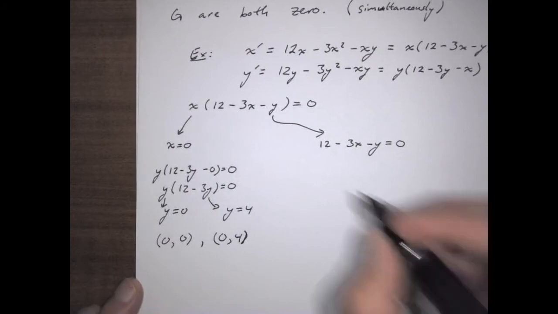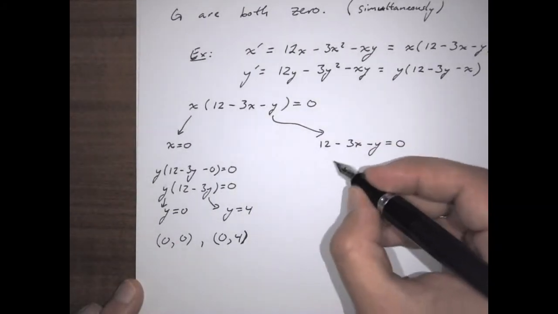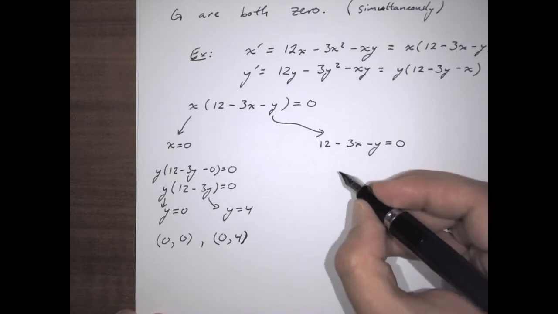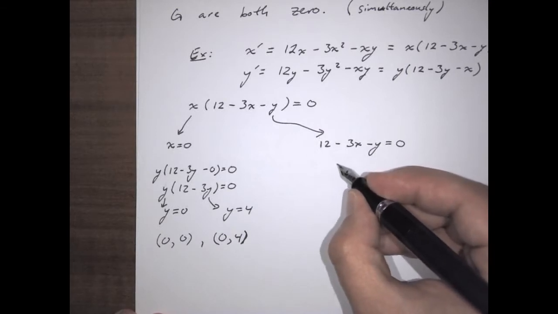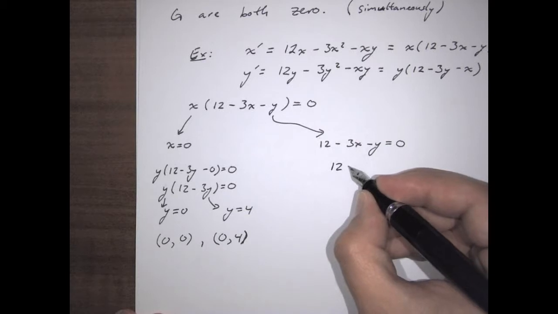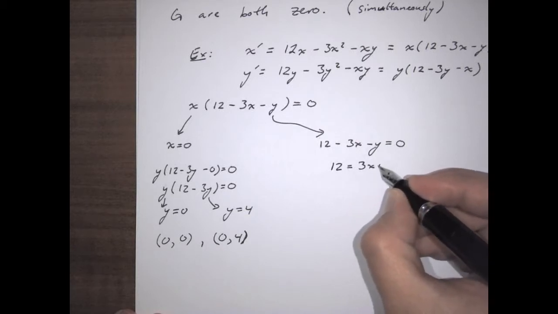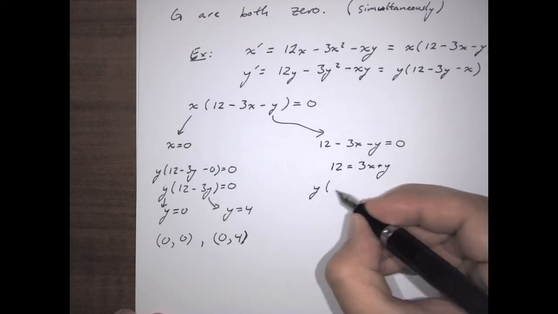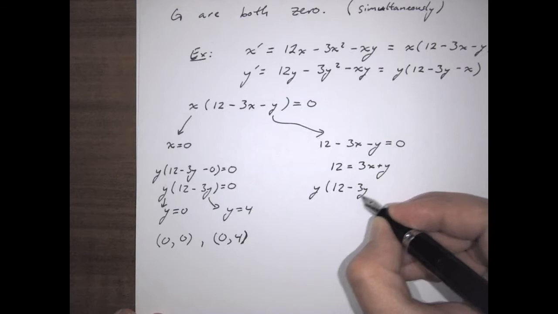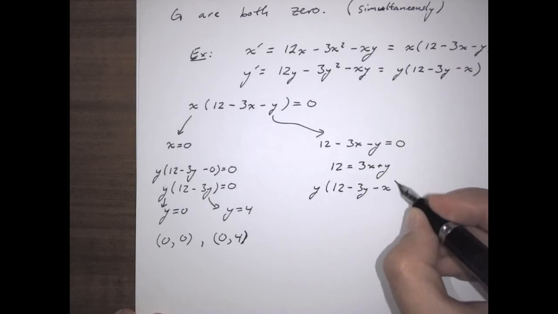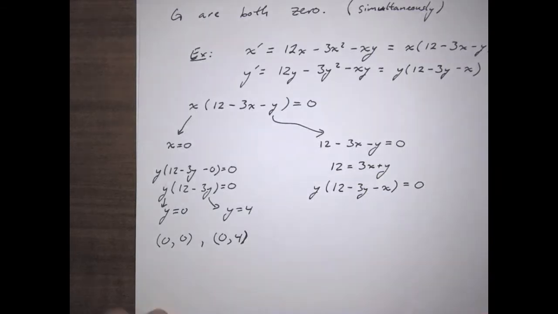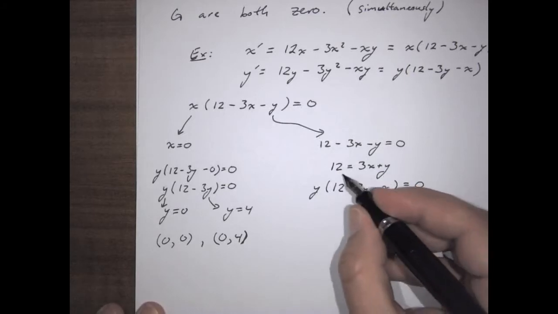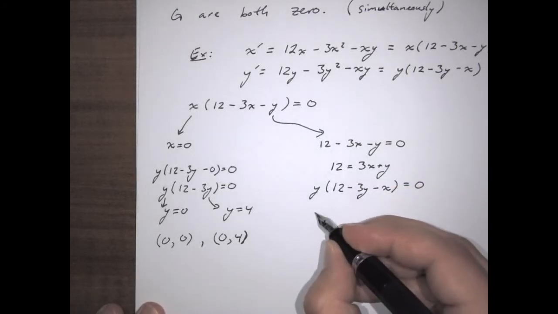But it could be the other factor in the x prime equation that equals 0, so maybe it's this that equals 0. And let's just figure out what that would imply. We could rewrite this as 12 equals 3x plus y. Then if we take the equation y times 12 minus 3y minus x equals 0, we could essentially plug this in for 12 and see where that takes us.